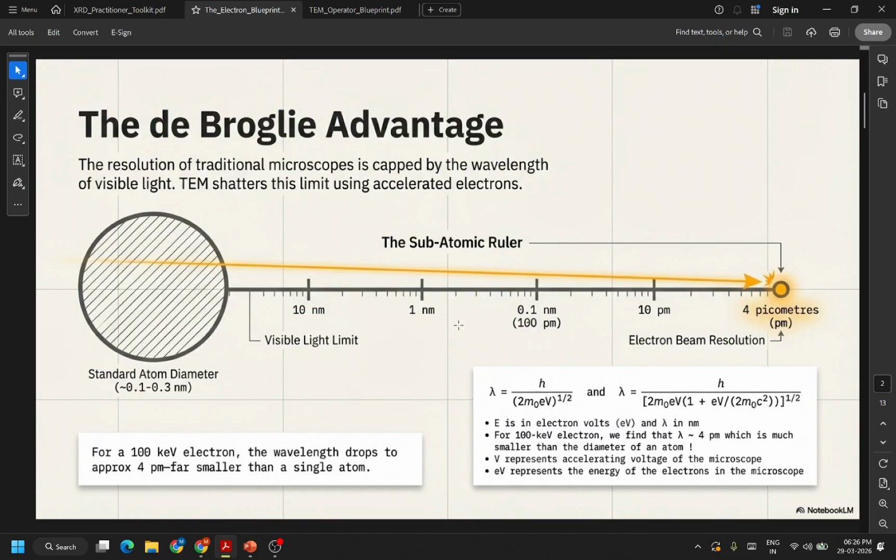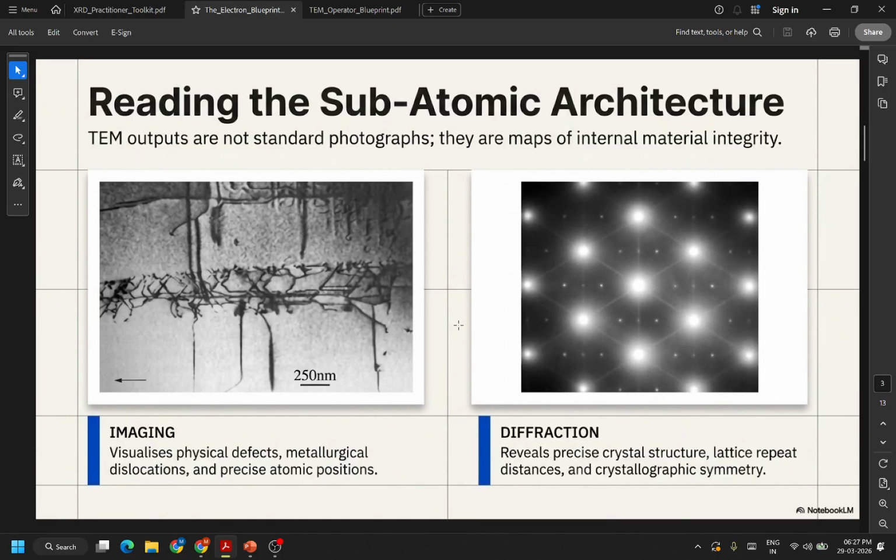So in TEM you can even look at individual atoms. TEM is generally used to read the subatomic architecture.